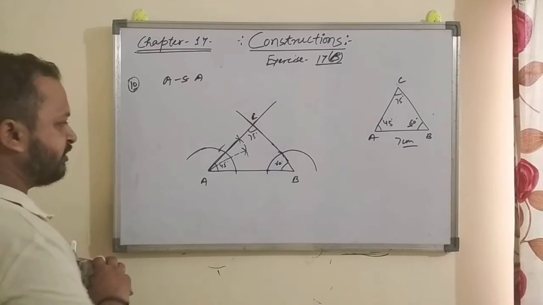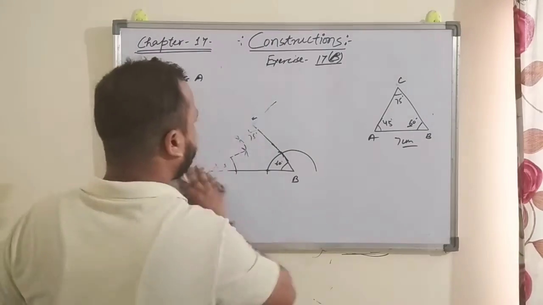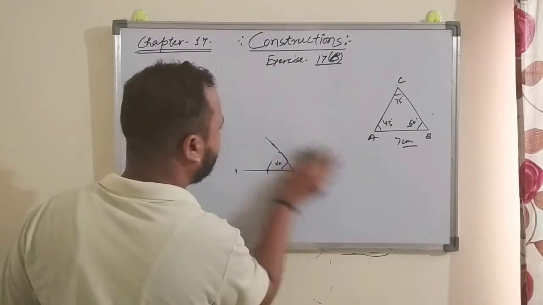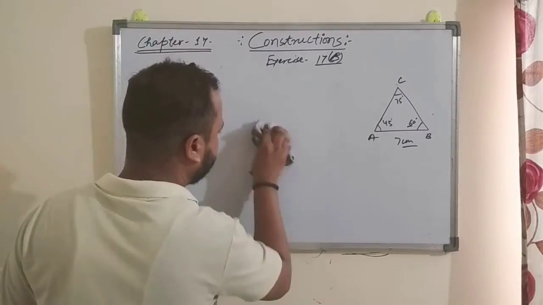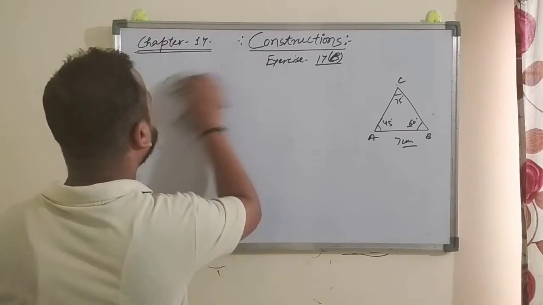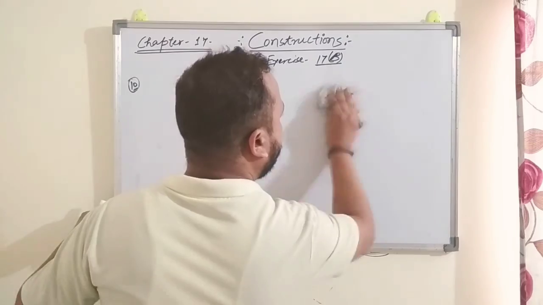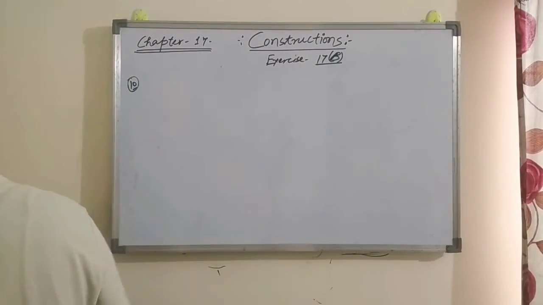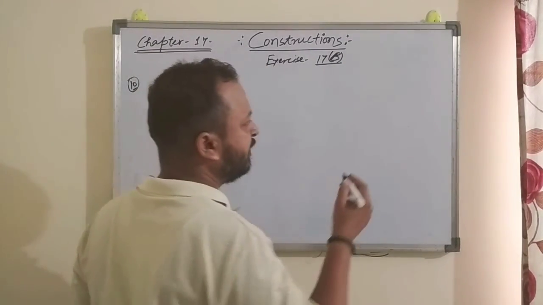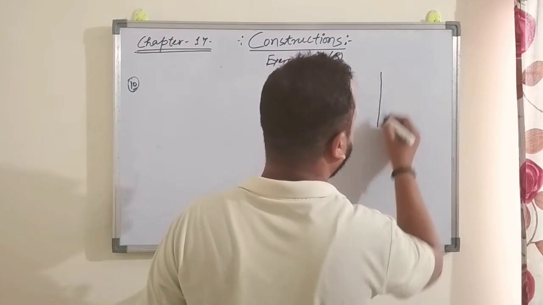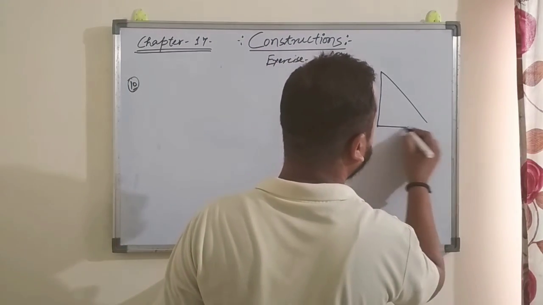Now come to the last question, question number 13, where we are going to draw RHS. RHS means right angle, hypotenuse and side.